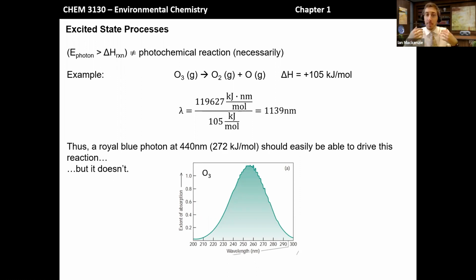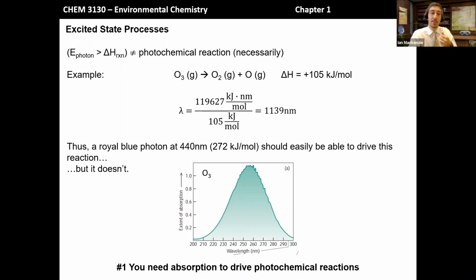So you can shine all of the blue photons on it that you want, but if it doesn't absorb any of those photons, then the energy isn't transferred and no reaction can occur. So the number one rule with any photochemical reaction, a reaction driven by absorption of light, is that you must have absorption of that light. If there's no absorption at the wavelength that you're shining light at, then nothing will occur.